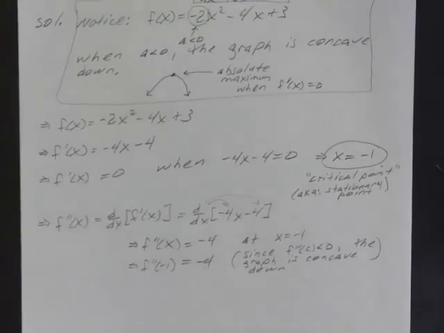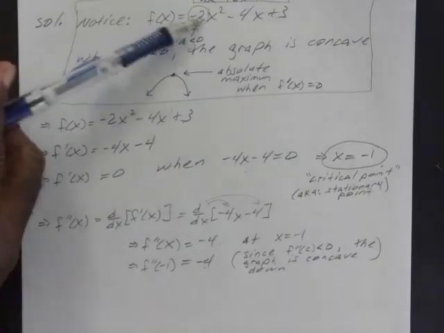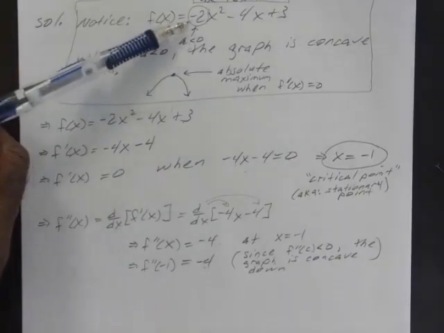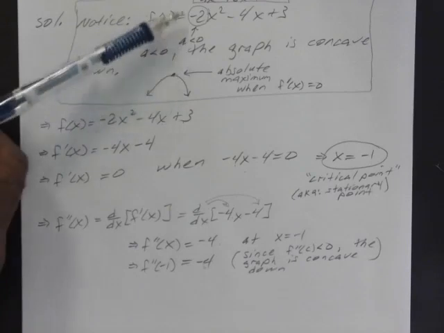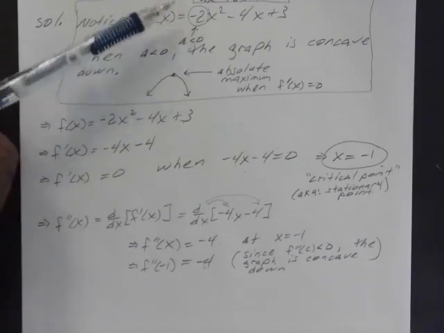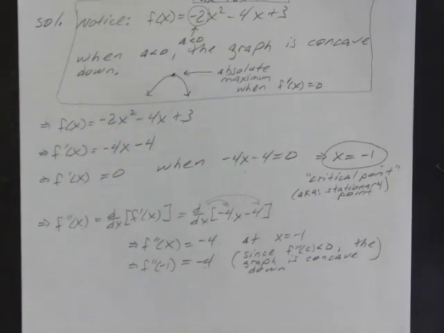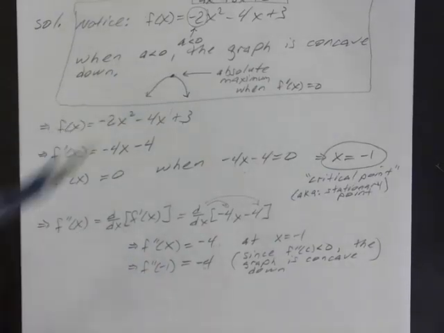Okay, so there are multiple ways to tell whether it's concave up or concave down. Like I said, if it's quadratic, we know that if your leading coefficient is negative, it's concave down. If this would have been positive 2, we know it would have been concave up. But in case you don't graph it, you can always just figure it out using the second derivative. If your second derivative is negative, concave down. If it would have been positive, it would have been concave up.